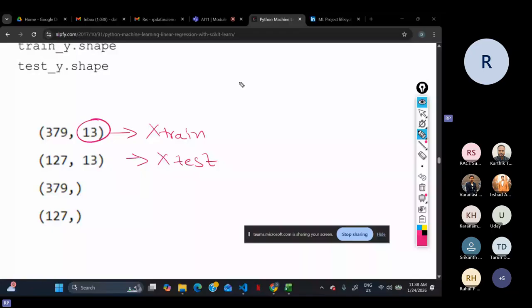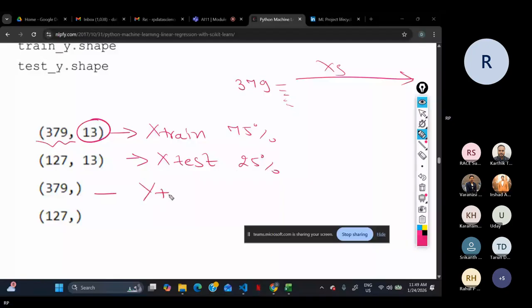It says I have 379 rows and 13 columns. So your entire X array is going in there. This is the 75% portion, and this is the 25% portion. Is that clear? And this is your Y train, and this is your Y test. Why no dimensions over here? Because it's only one column, only the Y values, right? That's all we're doing over here.